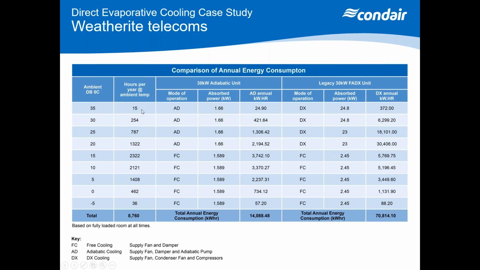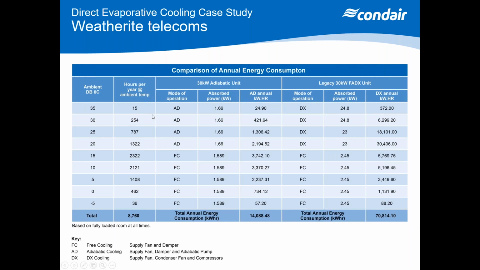So we can plot how many hours per year we're going to experience these conditions and require cooling. And then the next two sets of data refer to, firstly, the 30 kilowatt adiabatic unit that you've seen in the picture, where we compare it to the legacy 30 kilowatt DX system.